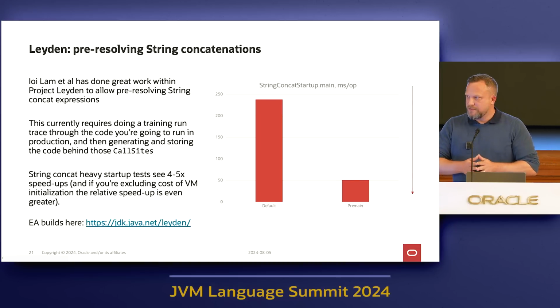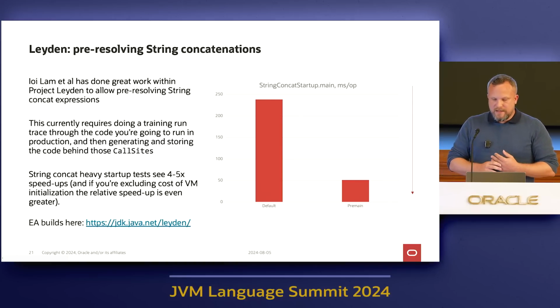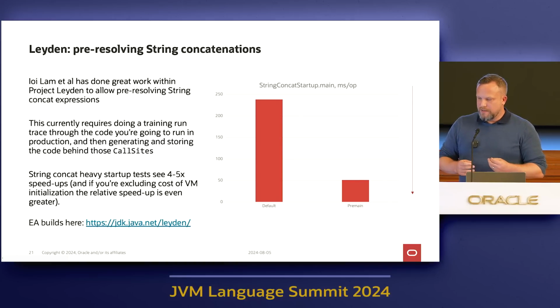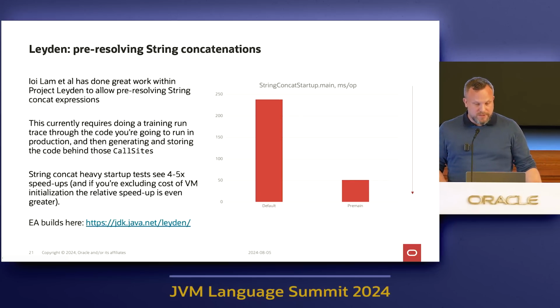But I'm going to just do a quick guest mention here that with Leyden we can pre-resolve string concatenations. Doing this requires a training run, but this then collects, generates, and archives the code behind the generated call sites.